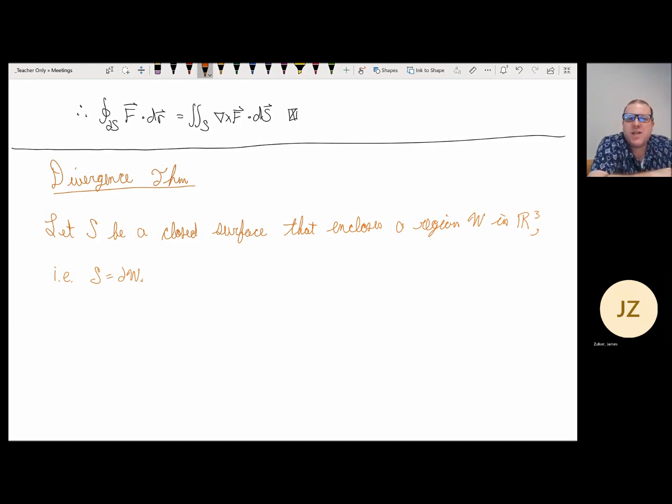Let S be the boundary of some region W in R3.